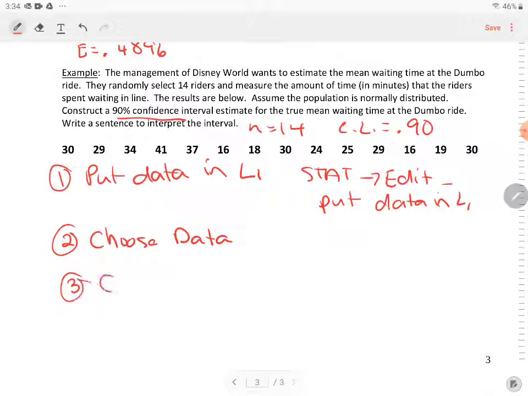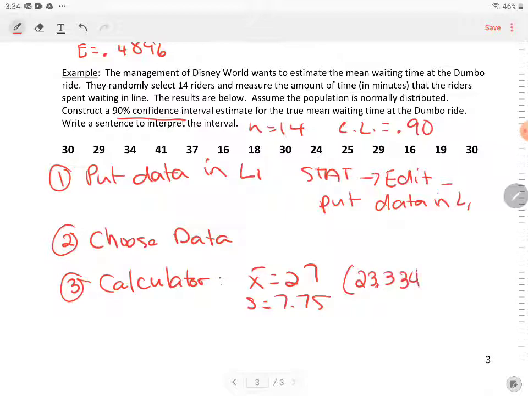Again, this is from the calculator. Your standard deviation is 7.75. The interval is 23.334 and 30.661.